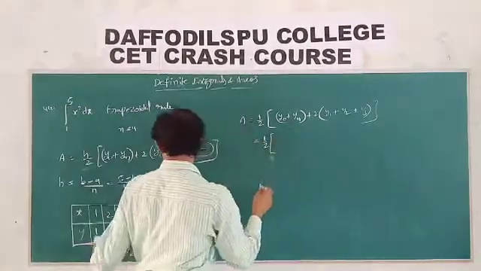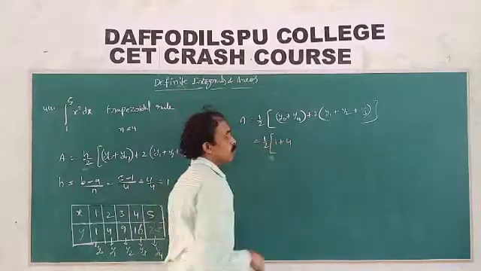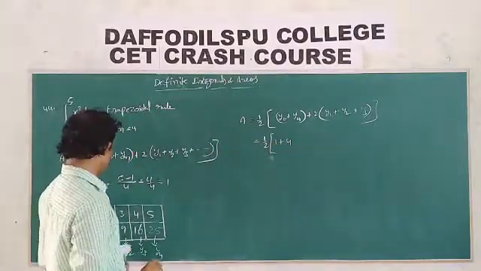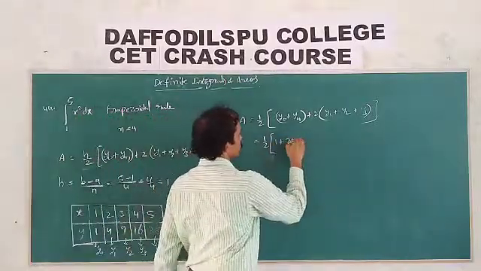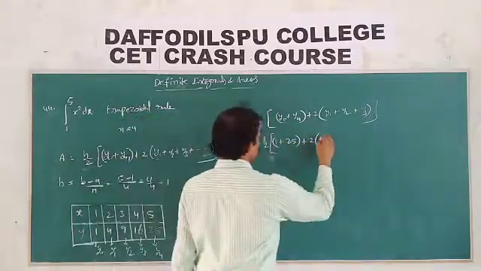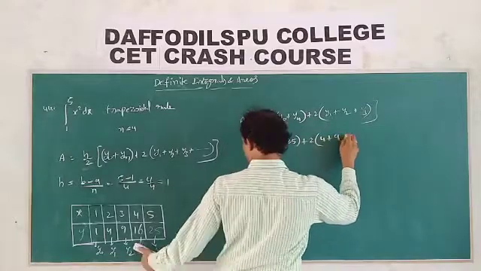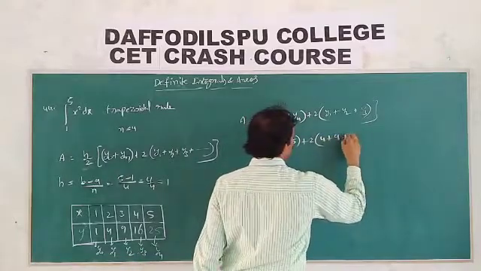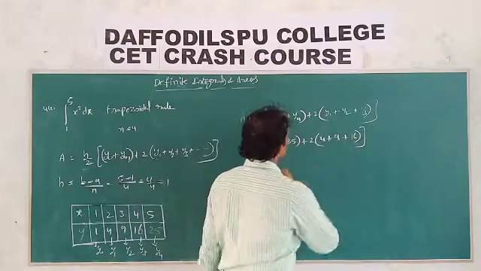1 by 2, y naught value 1 plus 25, plus 2 times y1, 4 plus 9 plus 16.